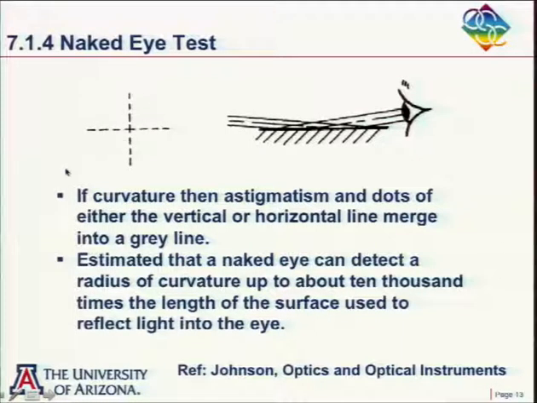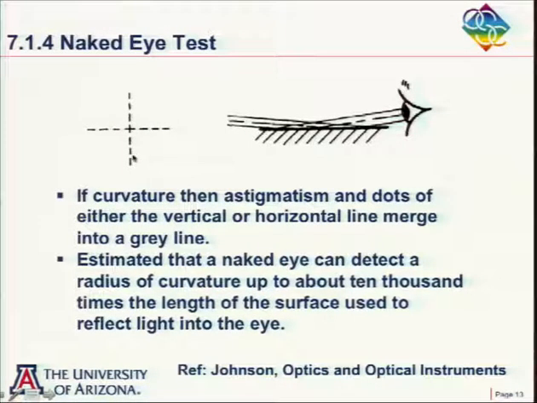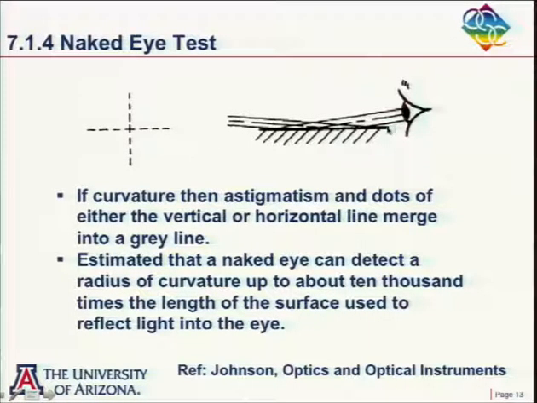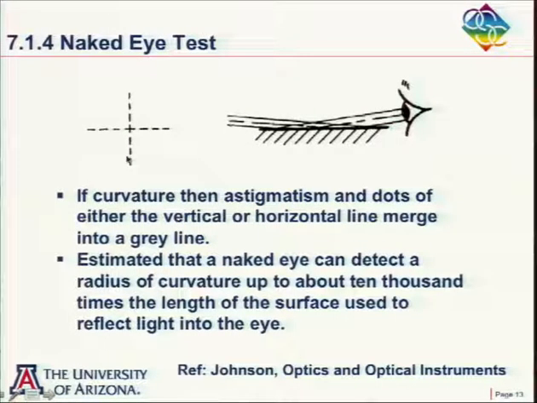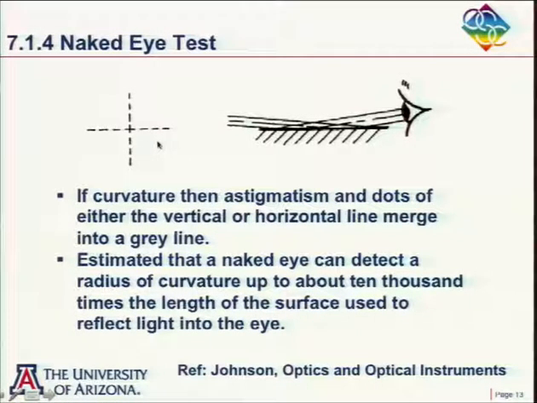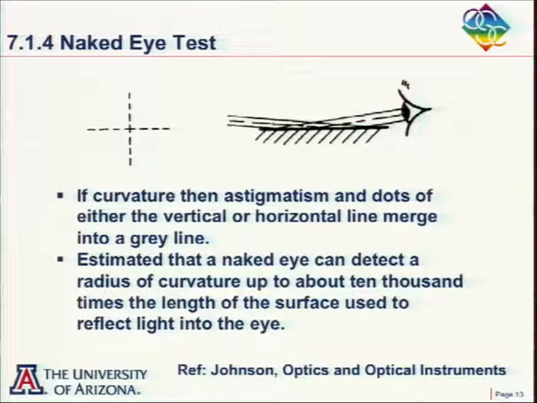If I'm looking at a target with dashed lines, horizontal and vertical, and I have a little curvature, my eye is going to see the astigmatism, and in either the horizontal or vertical direction, these dashes are going to merge into a gray line.